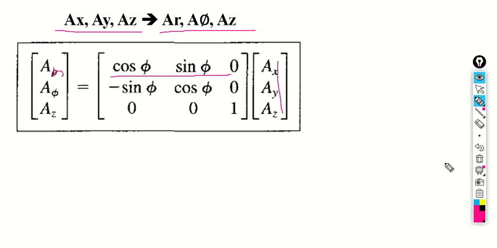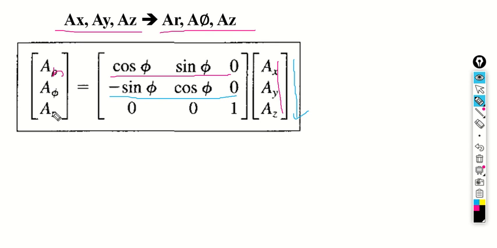Similarly, A phi that you will be getting will be your second row, and the column same. So which will be equal to minus sin phi Ax plus cos phi Ay. Third term is 0, so it will not come. Similarly, Az remains the same.